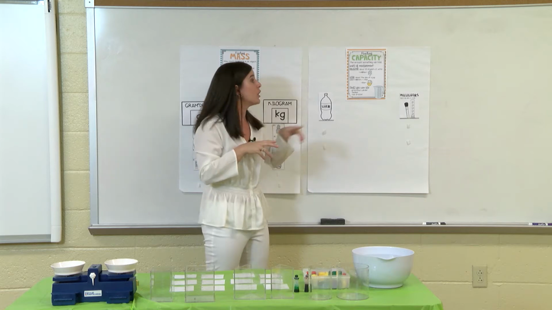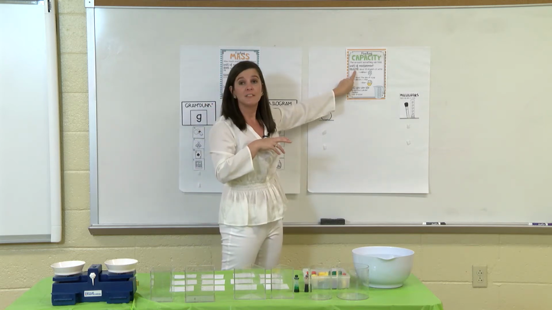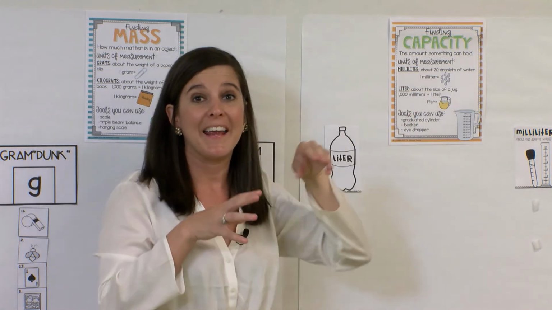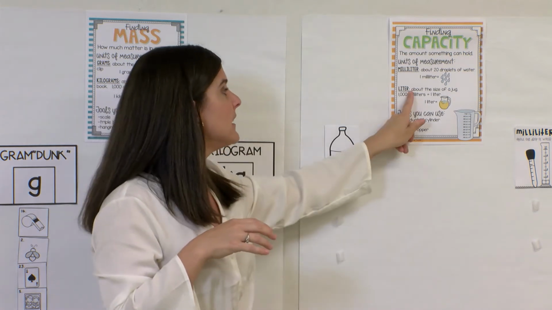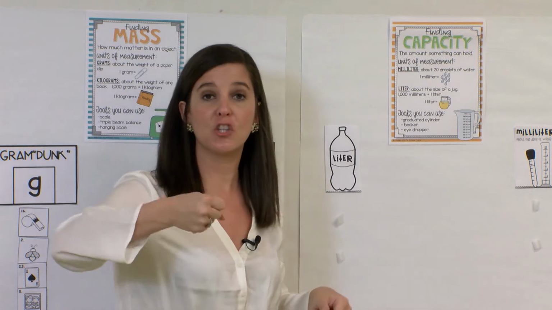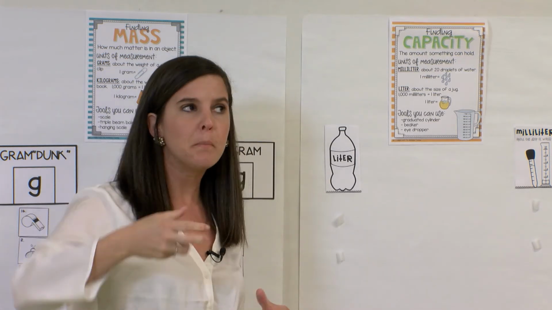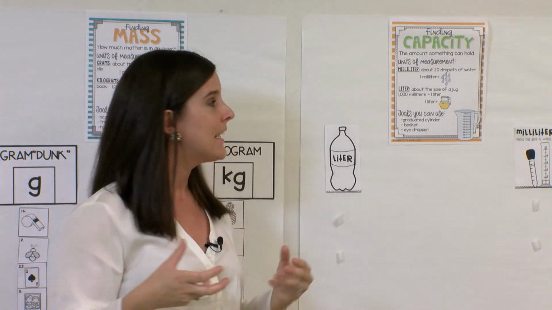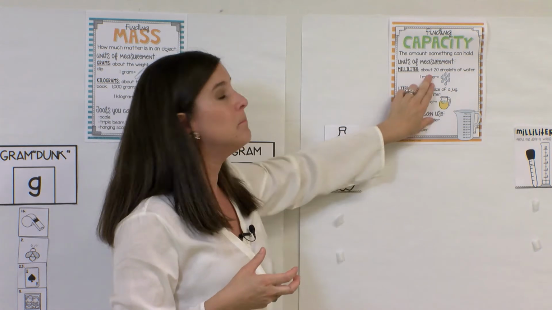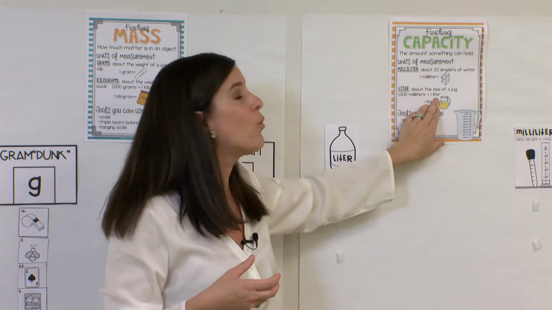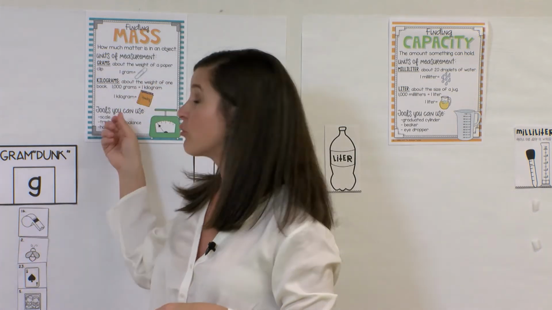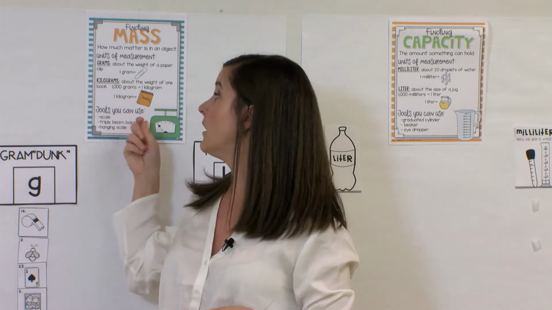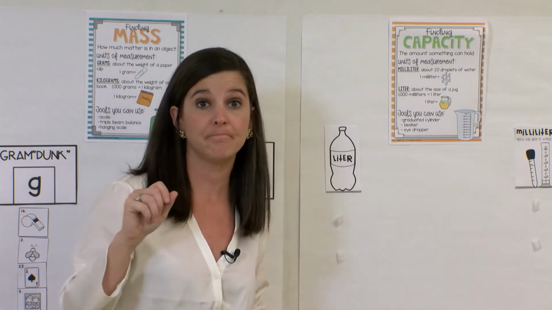Not really. So milliliters is going to be a smaller amount. Okay, and then a liter is about the size of a jug, okay? So picture a jug, and 1,000 milliliters is equivalent to 1 liter, just like 1,000 grams were equivalent to 1 kilogram, right?